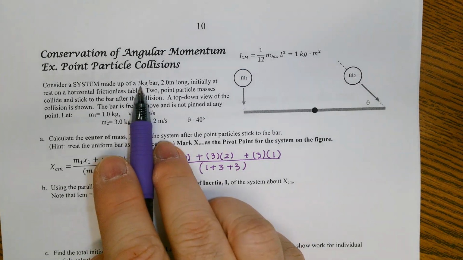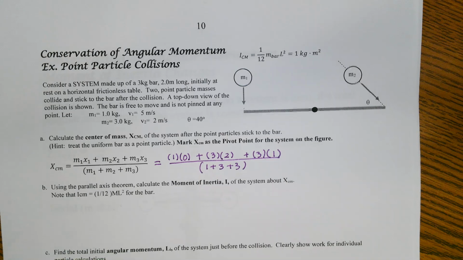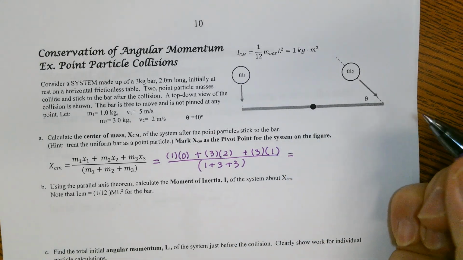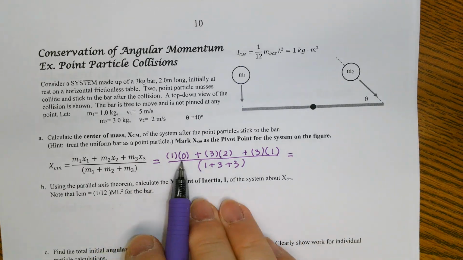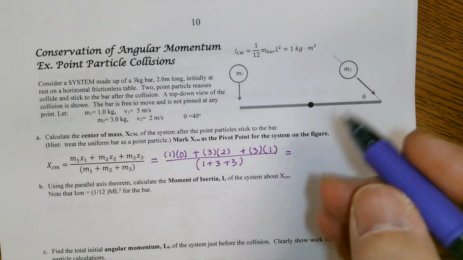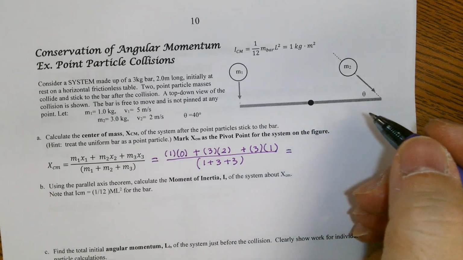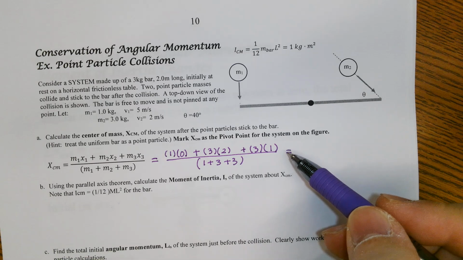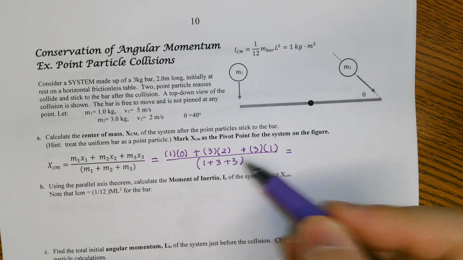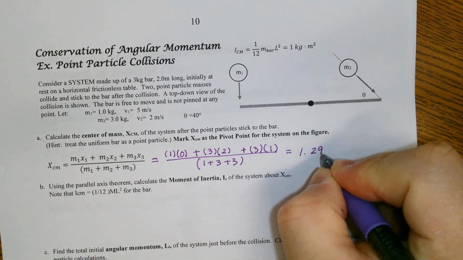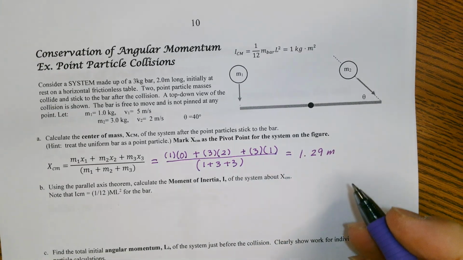I wish Doc would have made this a different number. All right. So if you work it out, you get 0 plus 6 plus 3 is 9 over 7. I'm sorry, 9 over 7. So it's about 1.29 meters.